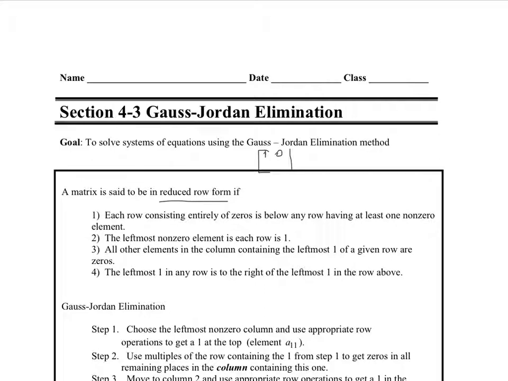We're going to see that vertical line, and then some number will appear to the right of the vertical line. The second row has to begin with a 0, and then we would have a 1. The top row to the right of the vertical line gives us the answer for the x-coordinate. The second row to the right of the vertical line is the answer for the y element.